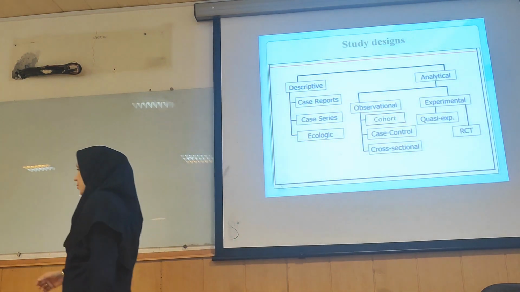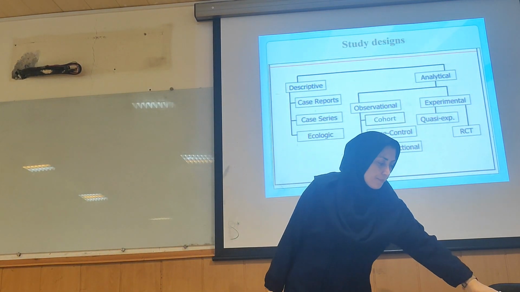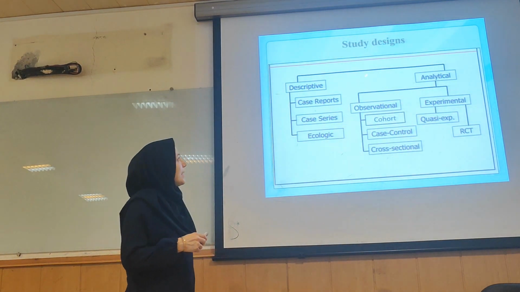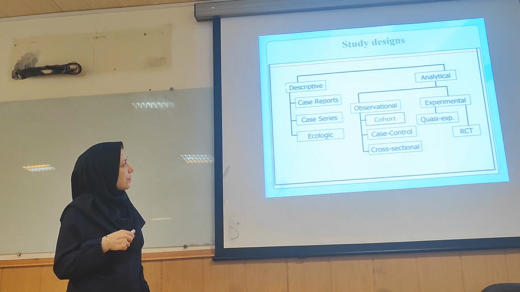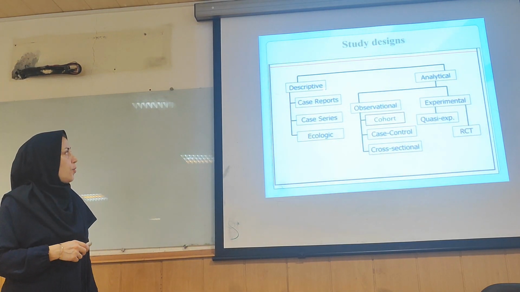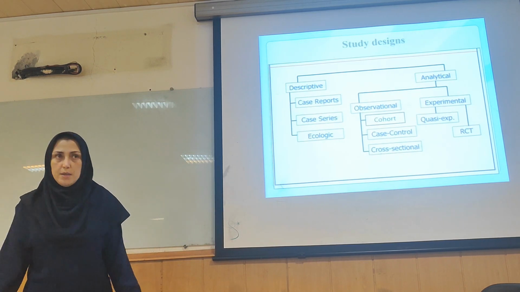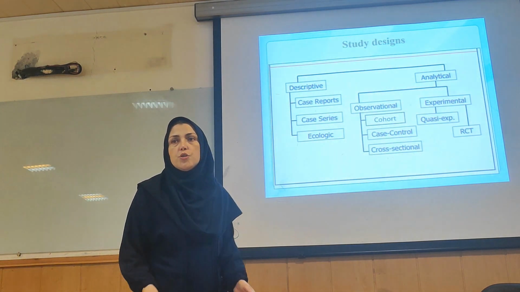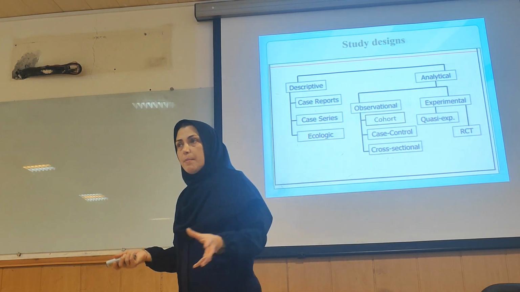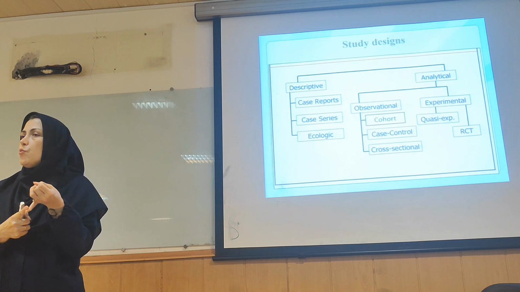This slide shows you the different types of studies. We have two main categories of studies: descriptive studies and analytical studies. What is descriptive? Describe. The name is clear. You should describe some population. For example, how many men do we have?